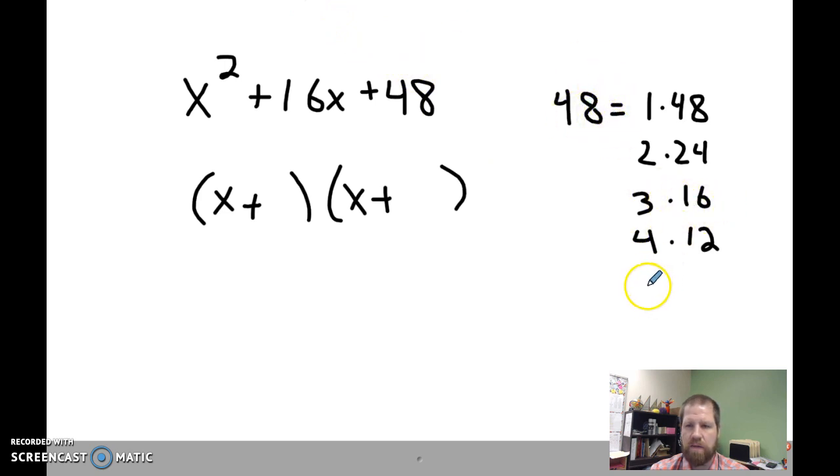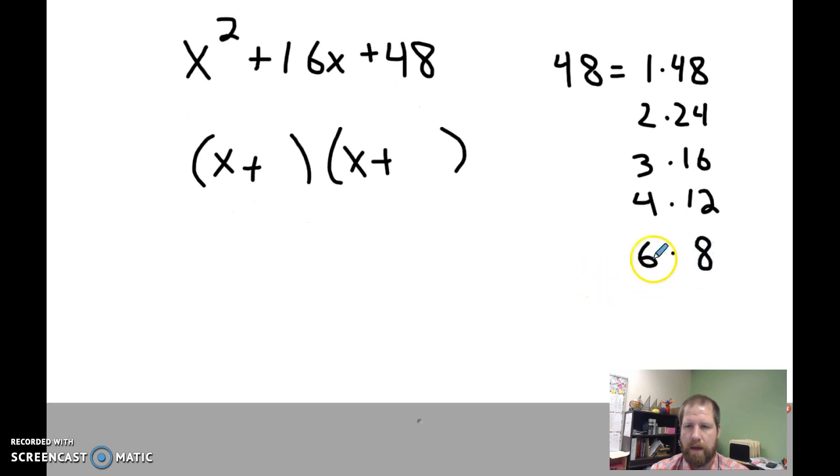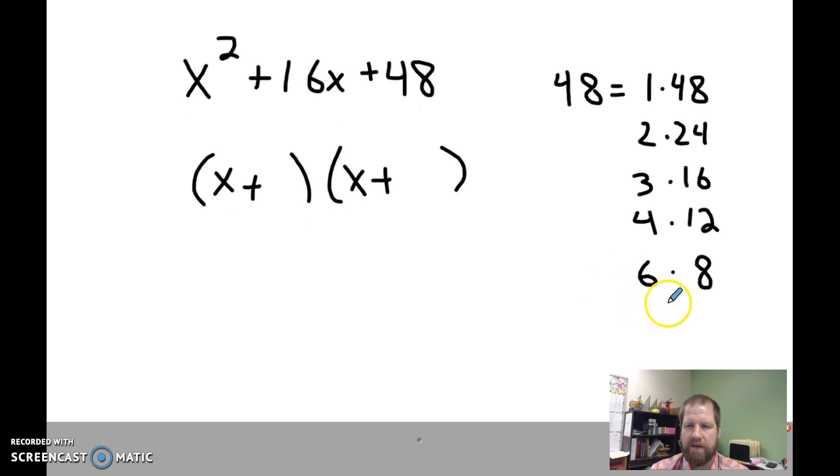Yep, so that should be 6 times 8. And it doesn't hit 7, and then I'm back here with 8. So these are all my factored pairs. I could start off, put 1 and 48 in there, put 2 and 24 in there, put 3 and 16 in there. But there is a little trick to help you with this.